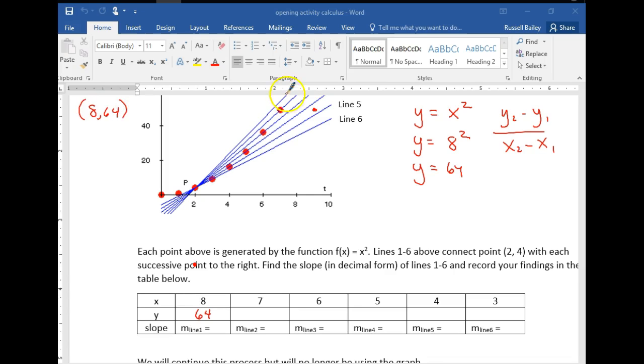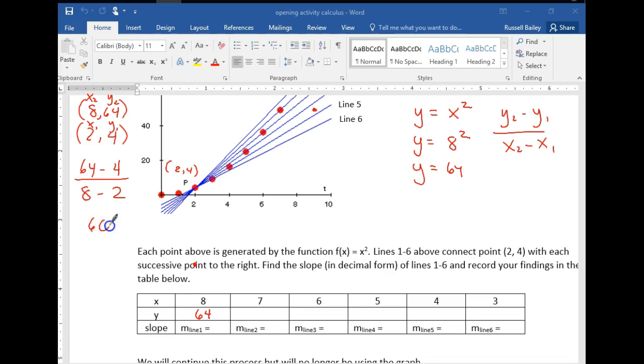And line 1 is connected to what other point? (2, 4). And can I find the slope between those 2 points? I can. So I'll call this one y2, this one y1, x2, x1. So here we go. y2 minus y1 over x2 minus x1.